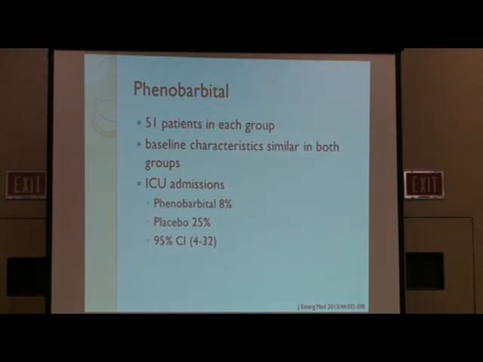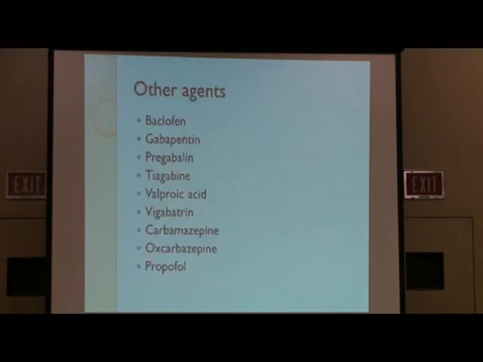You can see that with phenobarb loading, they had a lot fewer ICU admissions, 8% relative to 25% of the placebo cohort. There's a whole list of other medications that have been studied and tried, with case reports, etc. I can tell you that we've used a number of these over time to varying extent and various efficacies. But any one of these are potential options.